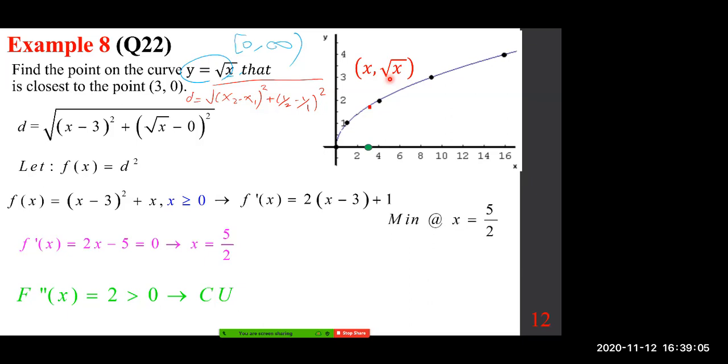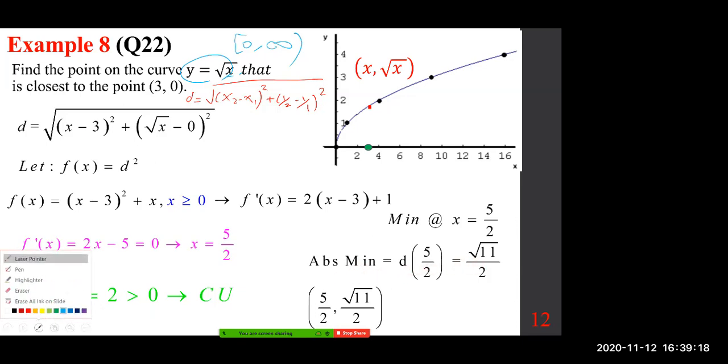The distance you can plug in, class. If you plug it into this formula, you find the distance, everybody. So absolute minimum is d of 5 halves, which is square root of 11 halves. That's the minimum, okay? But the point has coordinates 5 halves and square root of 5 halves.